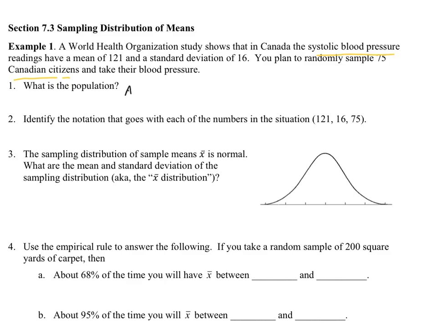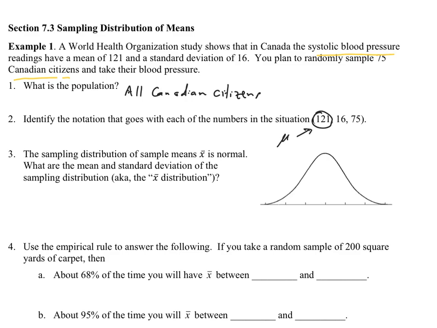So our population is given to be all Canadian citizens. Probably this means Canadian adults, but just read with what it says. All Canadian citizens is the population, and the measurement that we're imagining taking from every citizen is their systolic blood pressure reading. The numbers in the problem, the 121 is, so this is the World Health Organization study supposedly showing this is true for everybody.